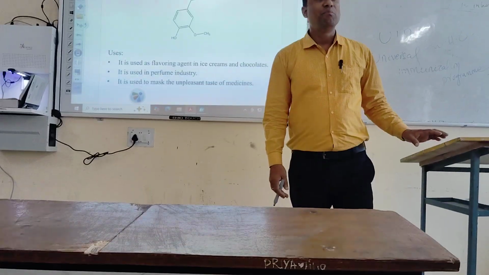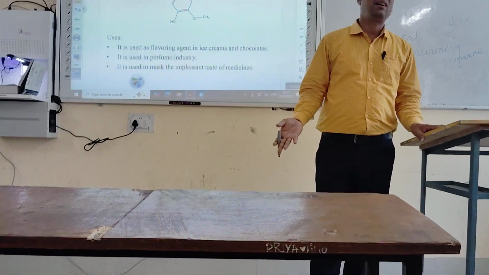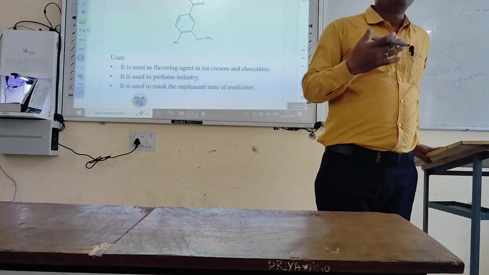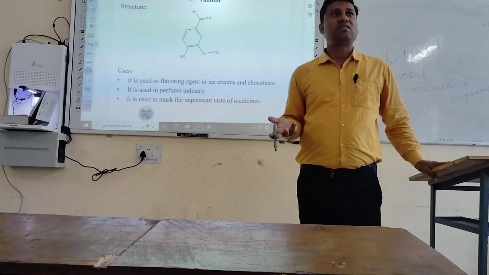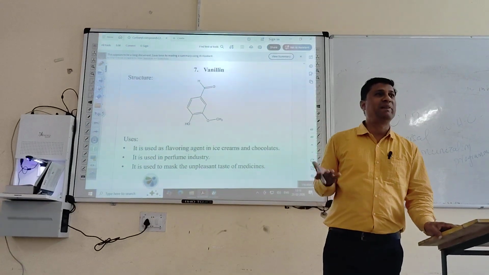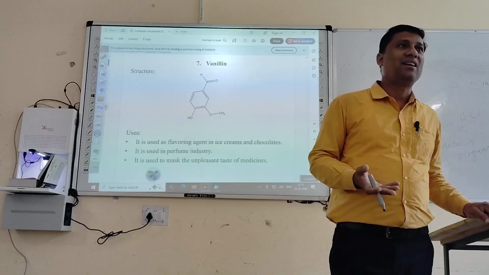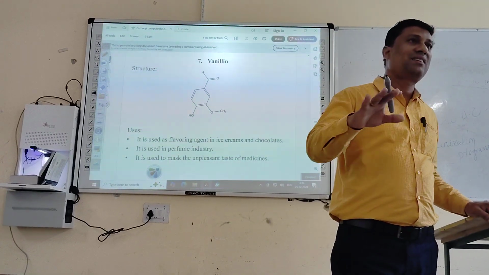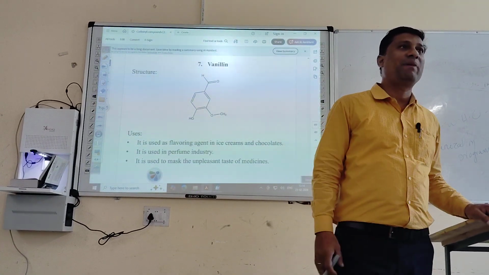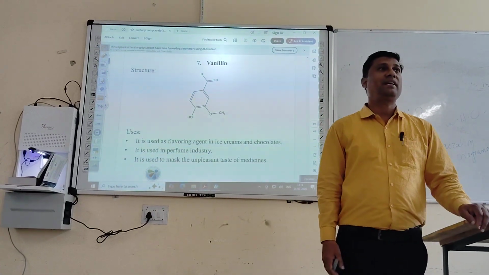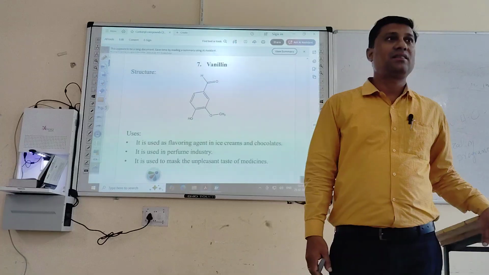There are also many antibiotics, chloroquine, anti-malarial drugs, and maximum allopathic or synthesized drugs are bitter in taste and very unpleasant in smell. To mask the unpleasant smell and bitter taste, we have to use sweetening and flavoring agents. Okay.